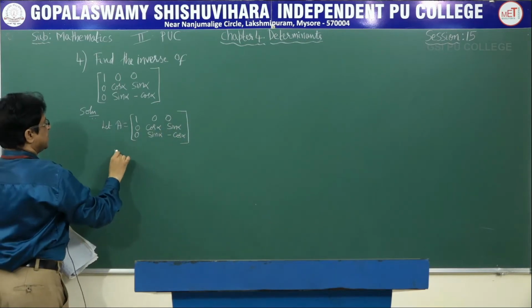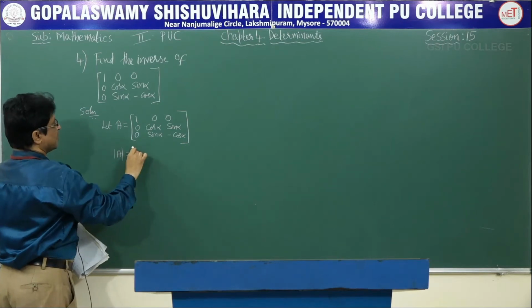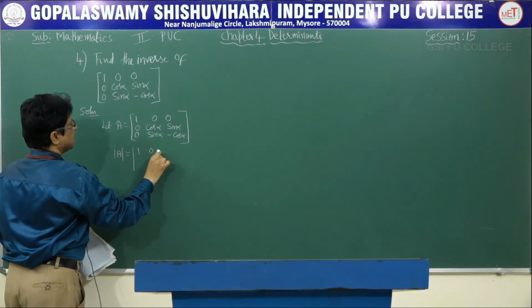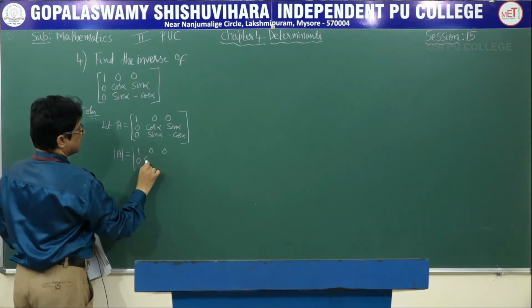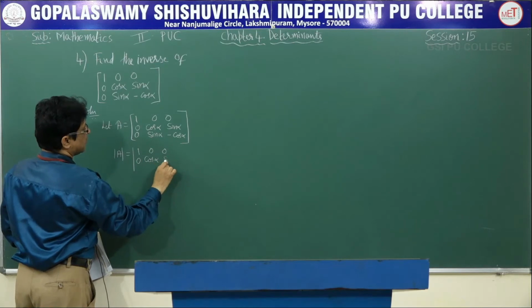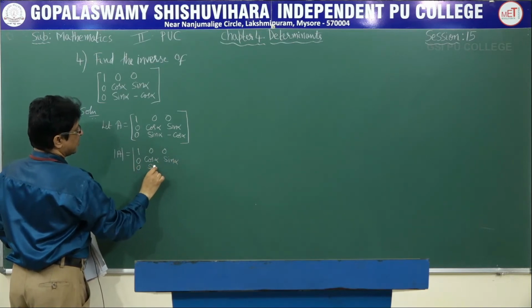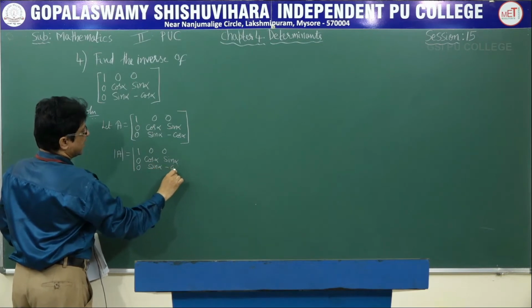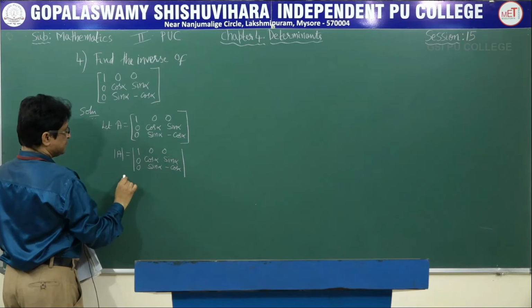Let us find the determinant of the given matrix. So, determinant A is equal to the determinant of 1, 0, 0, 0, cos alpha, sin alpha, 0, sin alpha, minus cos alpha.